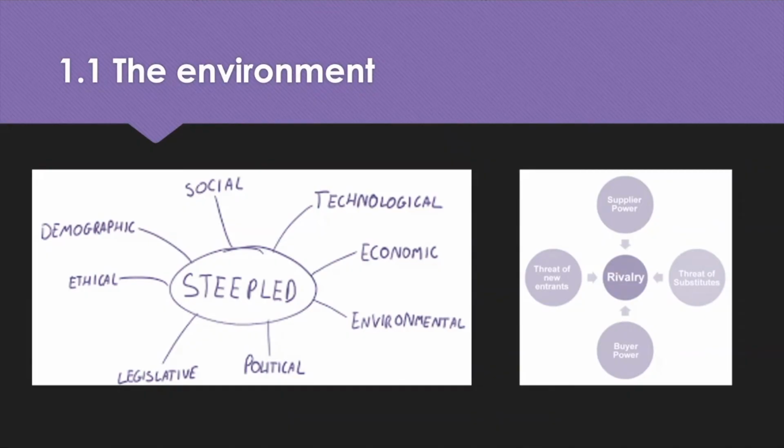Analysis of a business environment is conducted using STEEPLED analysis, setting out the main categories of external factors that can affect an organisation. So socially, we look at things like income and labour, health conditions, attitudes towards work and leisure. Technological, we look at emerging technology, what's available, and what's people's attitudes towards technology.